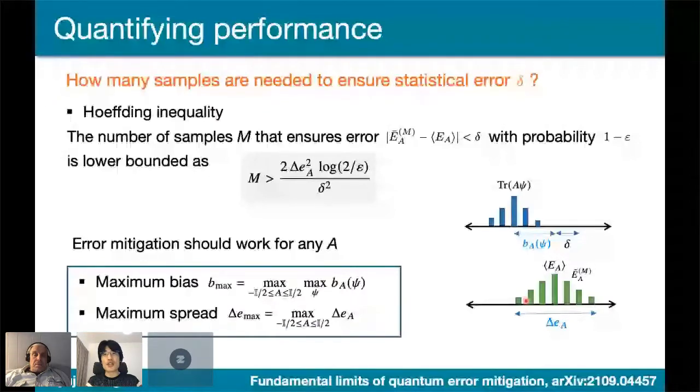But we still need to estimate the performance of such an estimation procedure theoretically. This is analogous to quantum metrology or some estimation task where you're trying to estimate something. Of course, you don't know the true value, but you want to assess the performance of such estimations. I hope that answers the question.